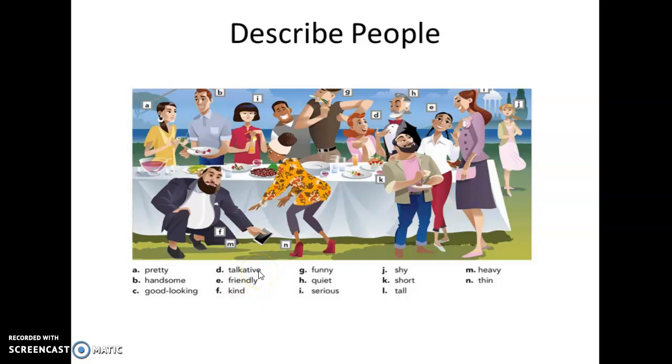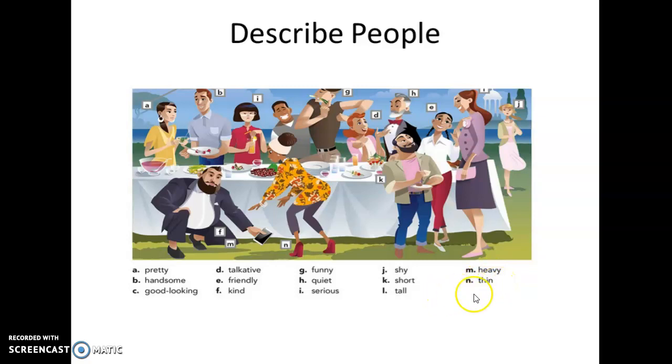Talkative is a person that always speaks and speaks and speaks, siempre habla y habla y habla. Friendly, then you have here friendly, okay, very good. Continue, kind, amable, funny, quiet, serious, shy, short, tall, heavy.